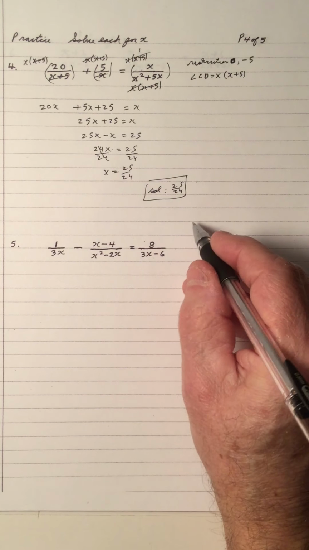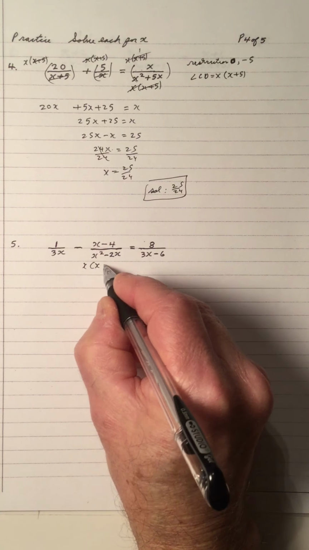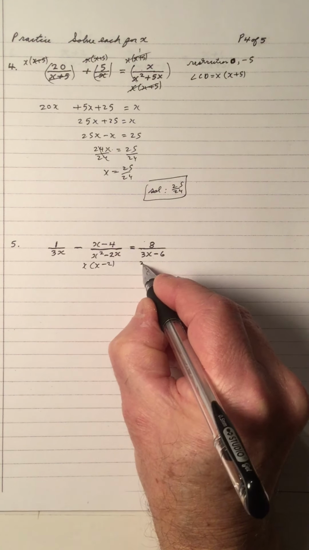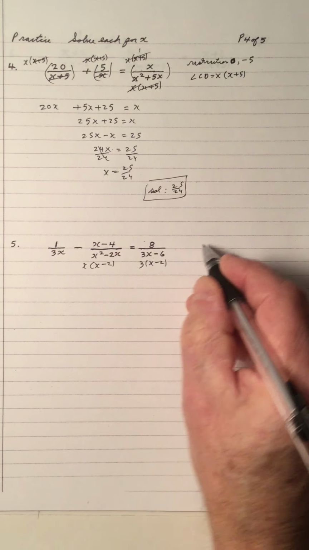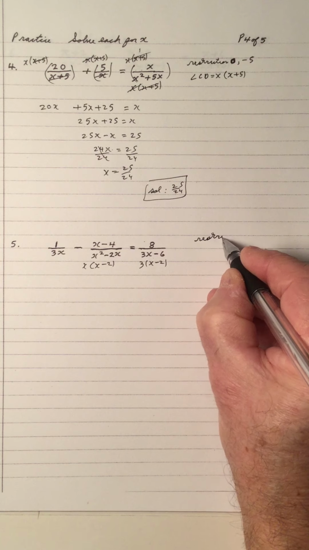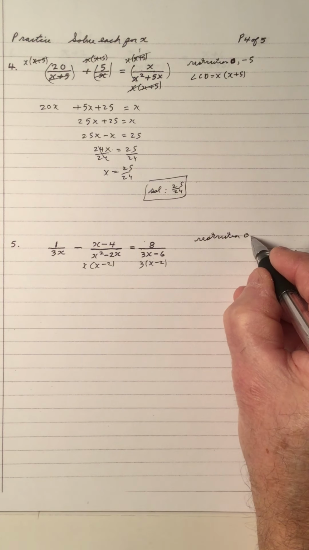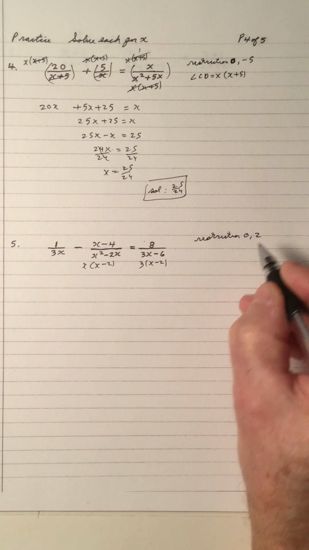Number 5, restrictions, but we have to factor our denominator. So it's x outside of x minus 2, 3 outside of x minus 2. So that means the restrictions is 0 and 2.